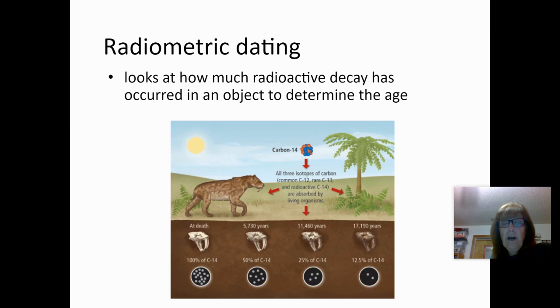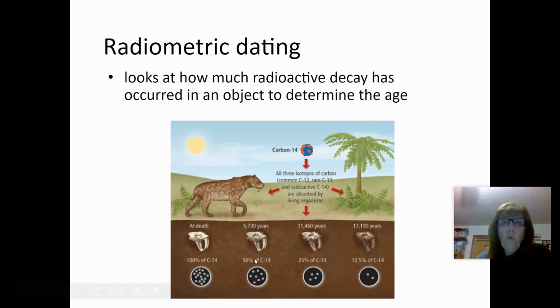So a half of 100 is 50, and a half of 50 is 25, while a half of 25 is 12.5. So if you think of this as 1 half-life, this is 2 half-lives, this is 3 half-lives.